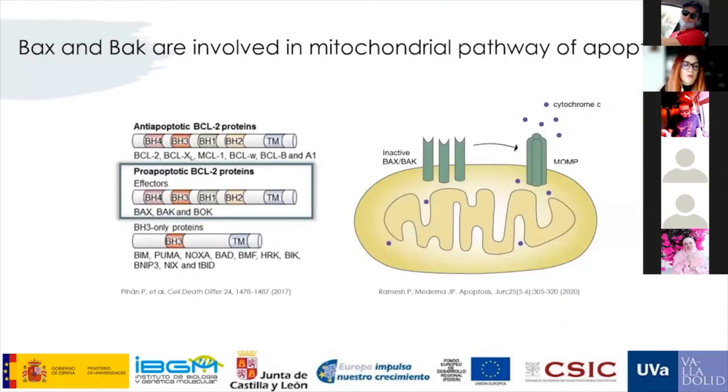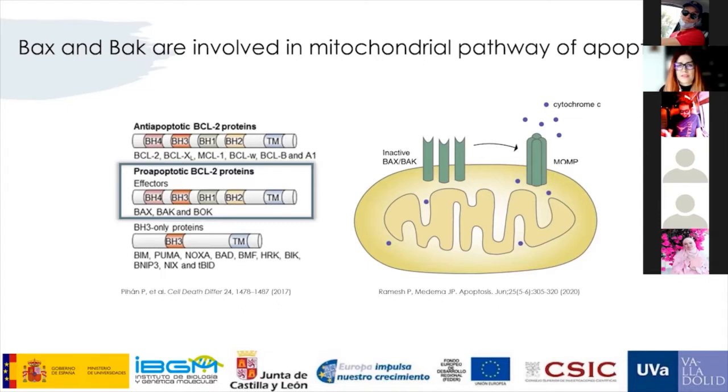As all of us know, Bax and Bak are part of the BCL2 family proteins. They are pro-apoptotic proteins with the four BH domains, and they are known mostly because they are located at the mitochondria and involved in the mitochondrial pathway of apoptosis.